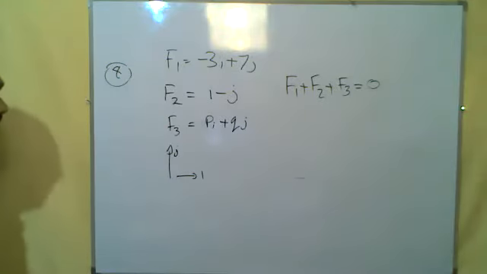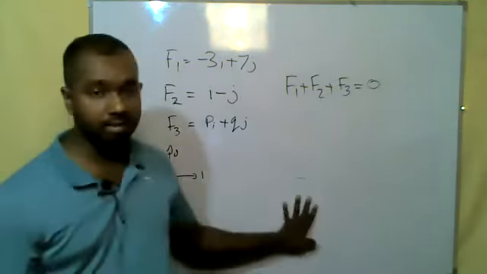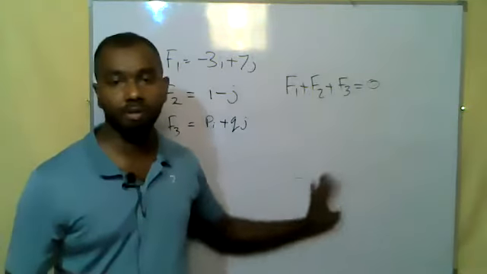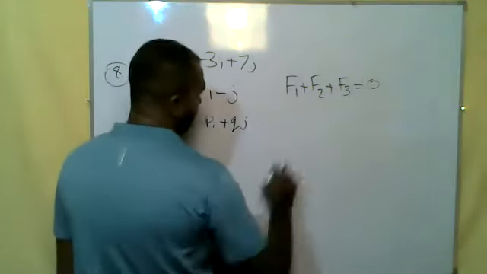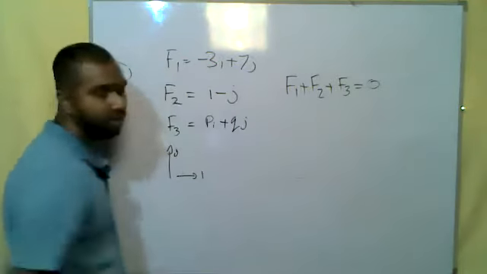Another way to say equilibrium is the object is at rest or moving with a constant velocity. So the resultant of all these three forces should be equal to 0.